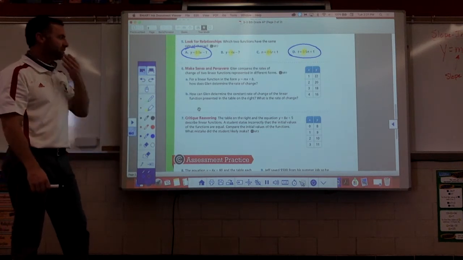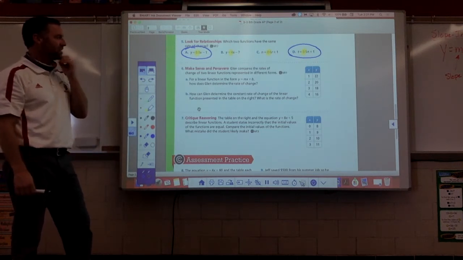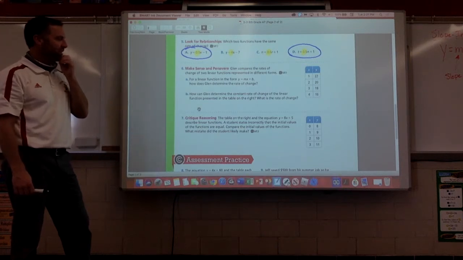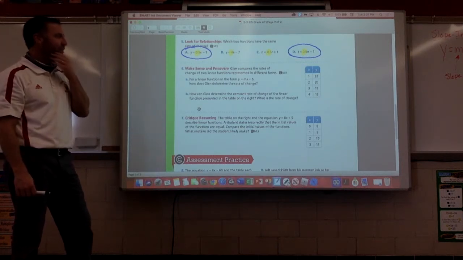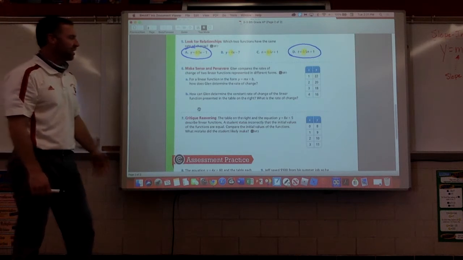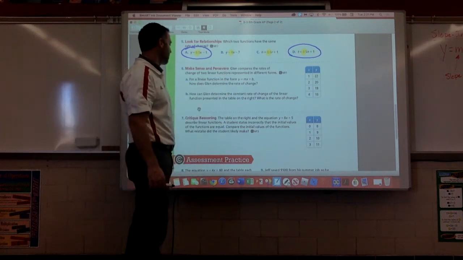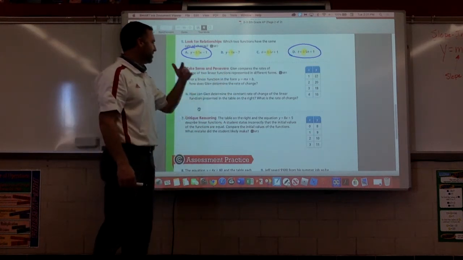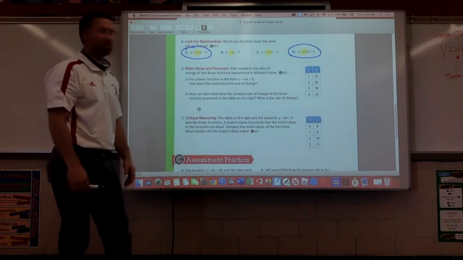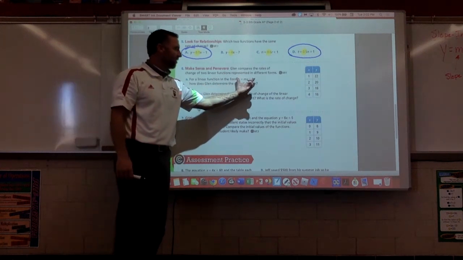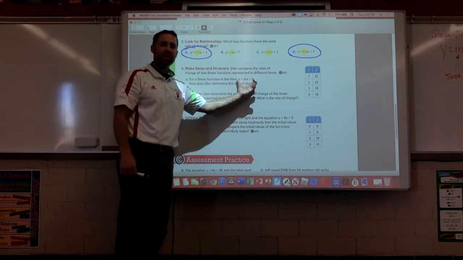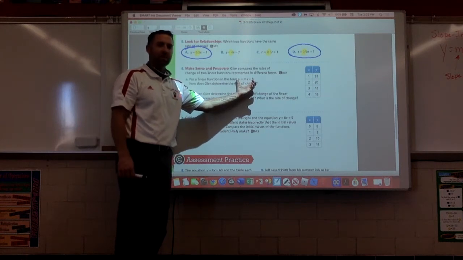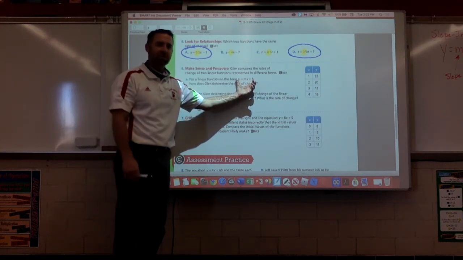Number 6. Glenn compares the rates of change of two linear functions represented in different forms. For a linear function in the form of y equals mx plus b, how does Glenn determine the rate of change? Well, if we were given an equation in this form, what do we do to find the rate of change?